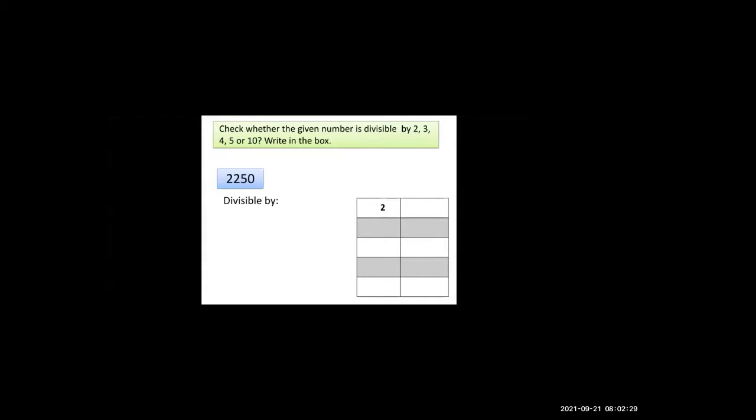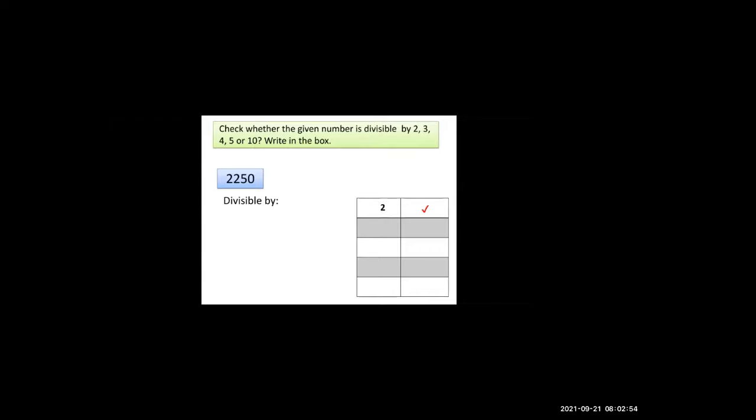By number 2. Now this time Shri, just unmute the audio and let me know the answer. Is the number 2250 divisible by 2? It is divisible, ma'am. Very good.